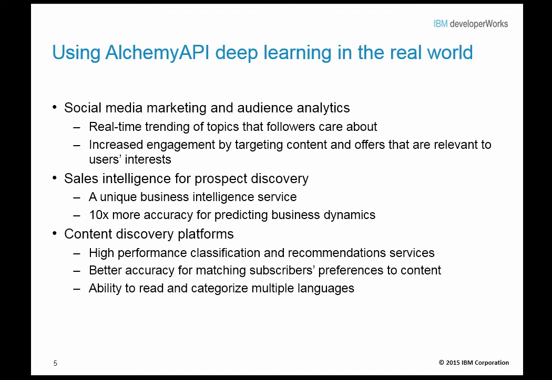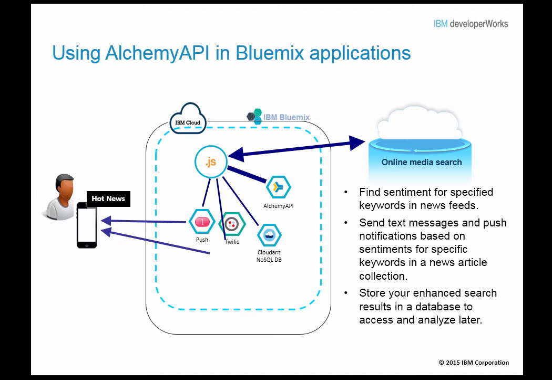Let's look at an application using Alchemy API in Bluemix. In this application, we are using Alchemy API and services in the cloud. We are calling the get text sentiment Alchemy API to check the sentiment for specific keywords in hundreds of news feeds.